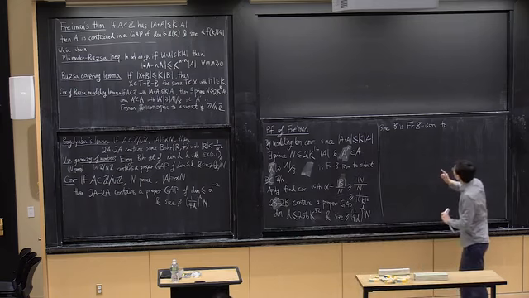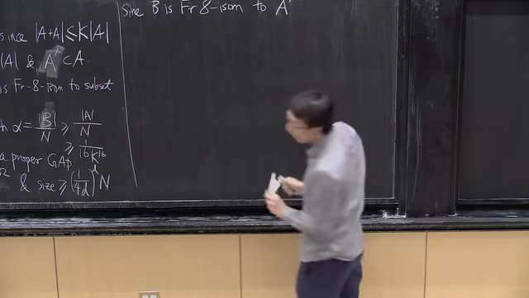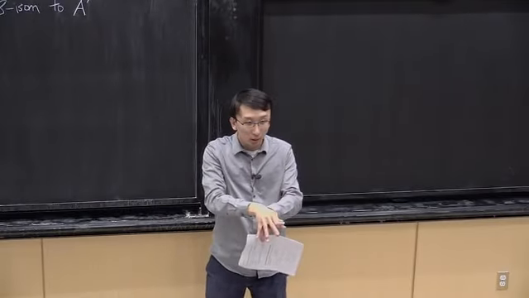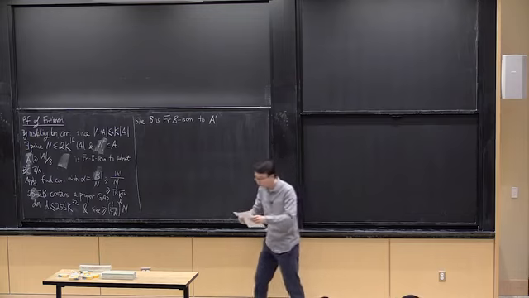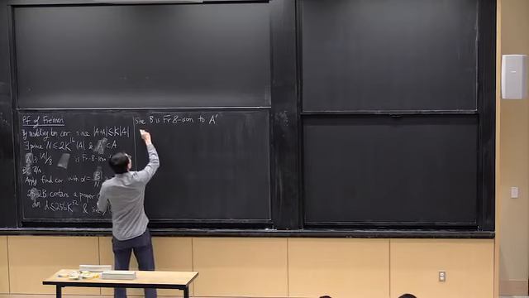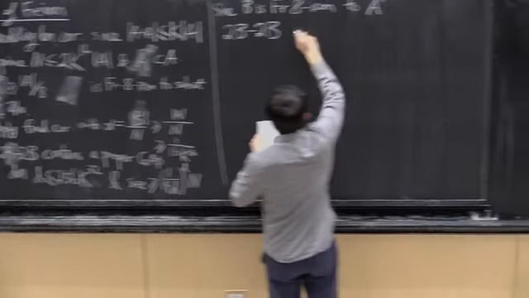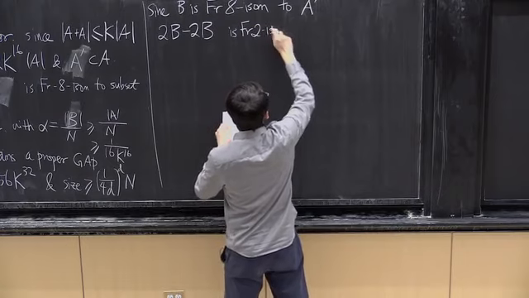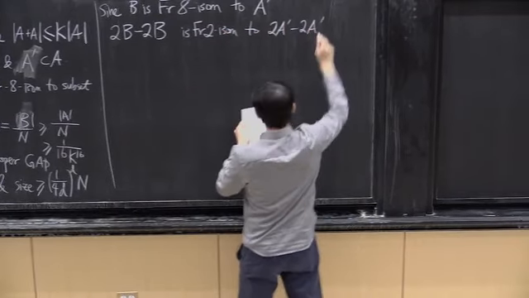So since B is 8 isomorphic to A', every GAP in B, so if you think about what 8 isomorphism preserves, you find that if you look at 2B minus 2B, it must be Freiman 2 isomorphic to 2A' minus 2A'.